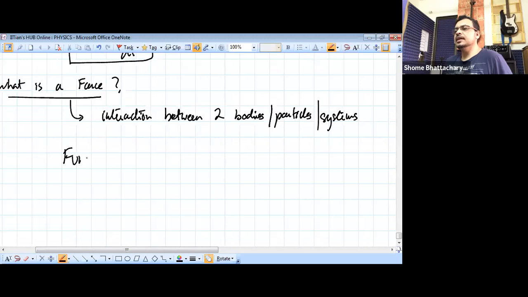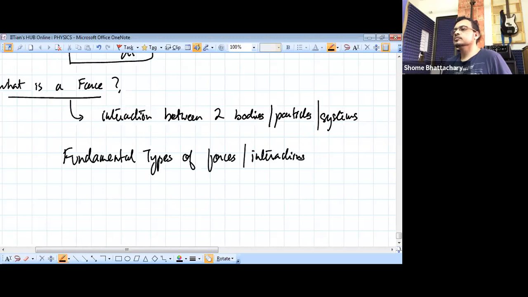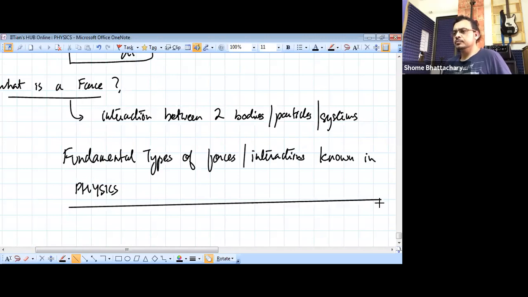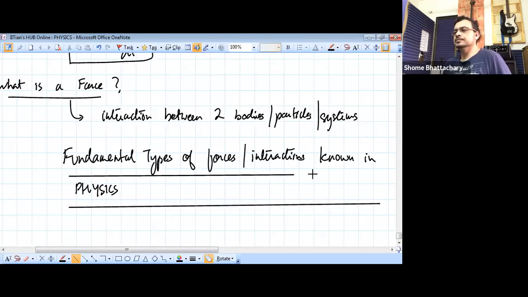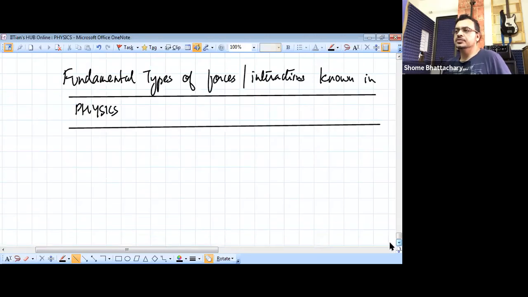So the fundamental types of interactions known in physics. Okay. So I am talking about the absolute fundamentals, that is, what types of forces do we observe in the natural universe. Then we'll come to things like mechanical forces, contact forces, friction, etc.